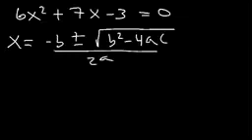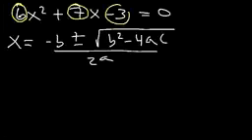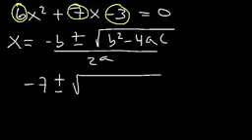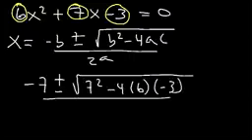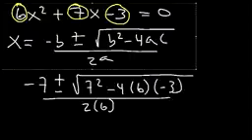The first number, in front of x squared, is a. A is 6, b is 7, c is negative 3. So negative 7 plus or minus 7 squared, minus 4 times 6 times negative 3, divided by 2a, or 2 times 6.